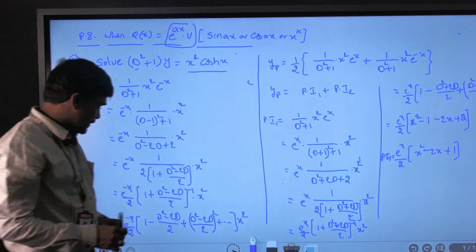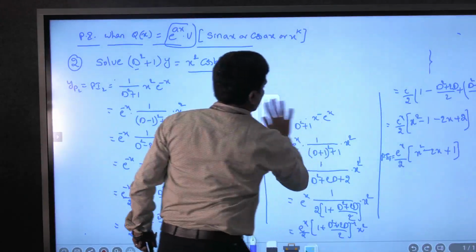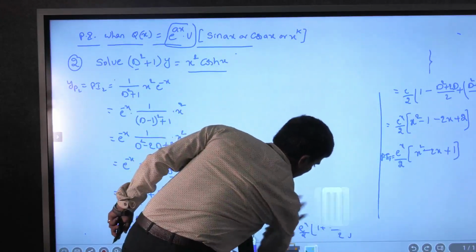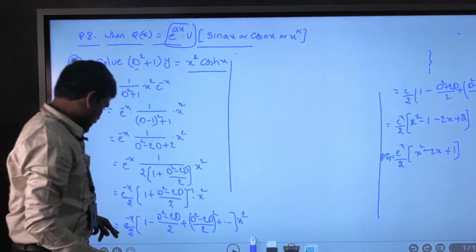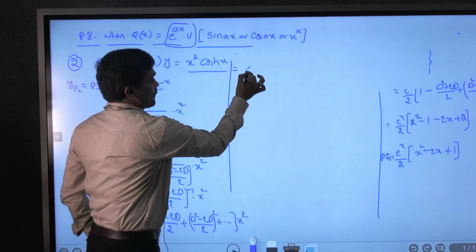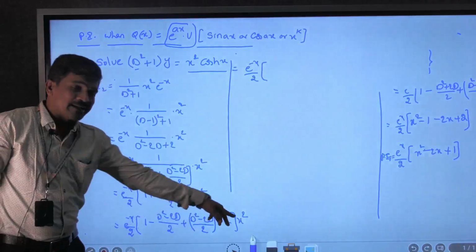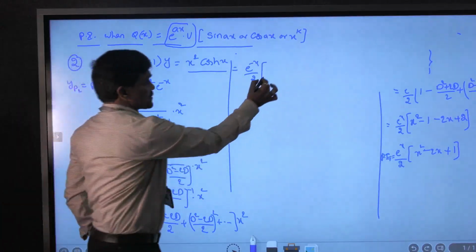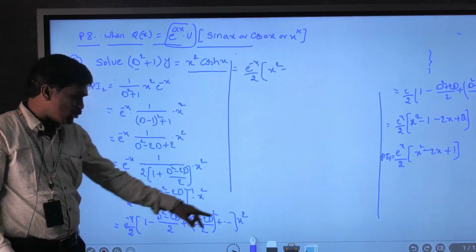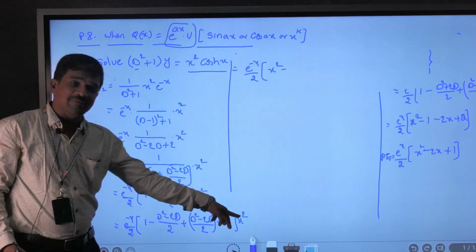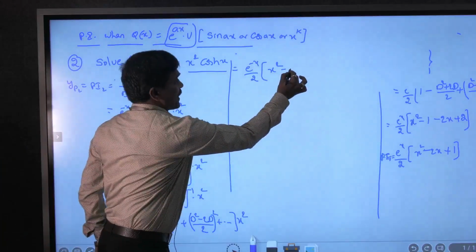So we are multiplying with x², what do we get here? Now e^(-x) by 2, then multiply x² into 1, here x², minus D² by 2 of x², two times derivative of x² gives 2 by 2. So here we get minus 1.